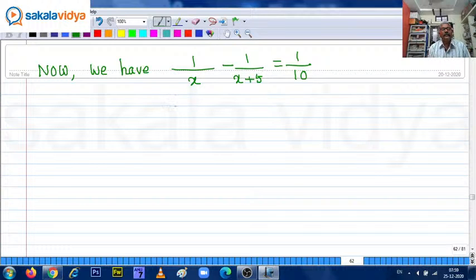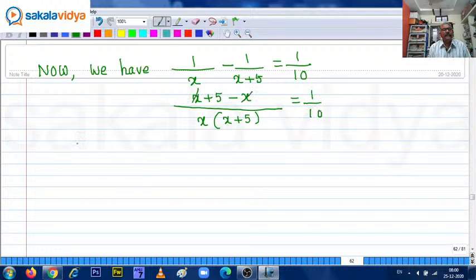Now take the LCM here. What is the LCM? x times x plus 5. x into x plus 5 divided by x, x cancels, gives x plus 5. Then x into minus 1, x plus 5 cancels, gives minus x. So we get 5 upon x square plus 5x equals 1 upon 10.